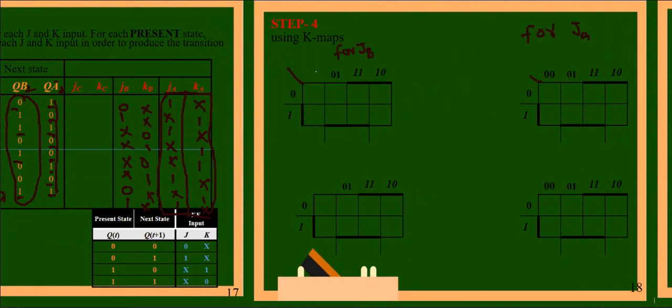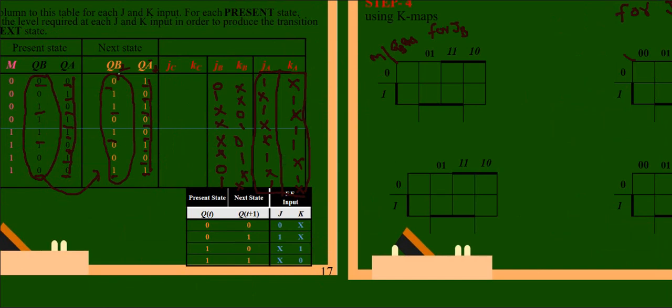First we move on to the JB K-map. The condition is M, and then we have QB and QA. First we take QB QA as 0 0, which is 0. In the first condition, 0 0, we have 0 only.